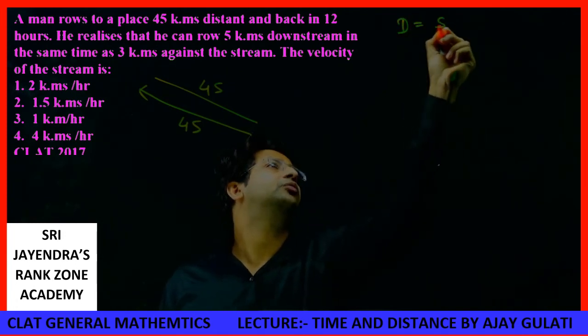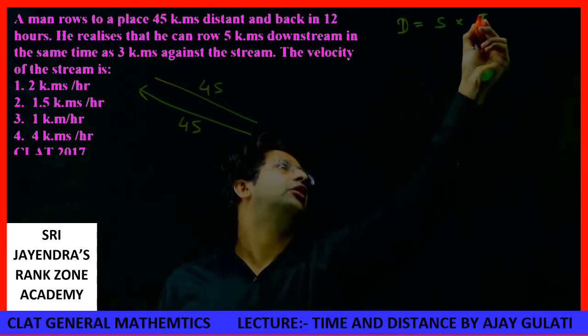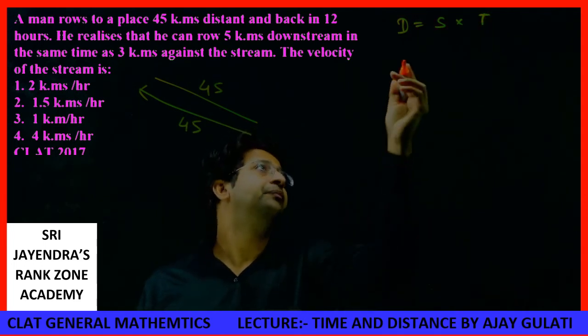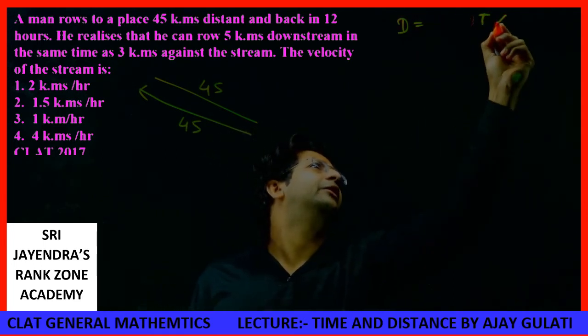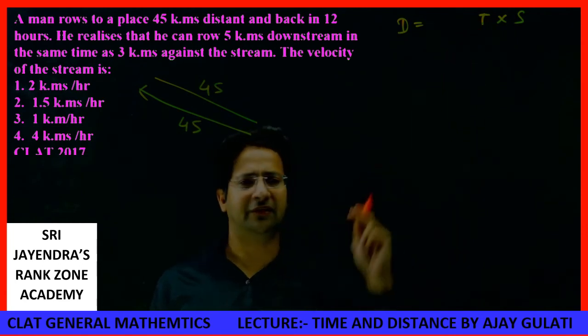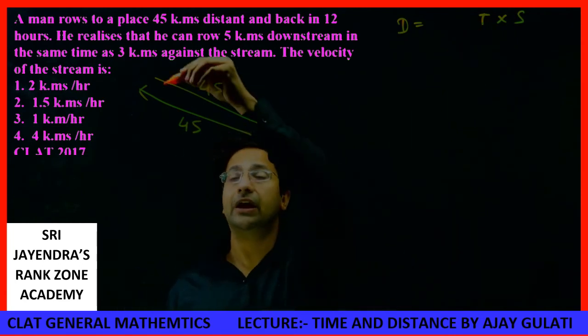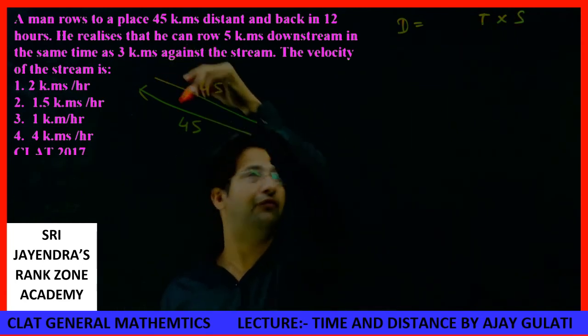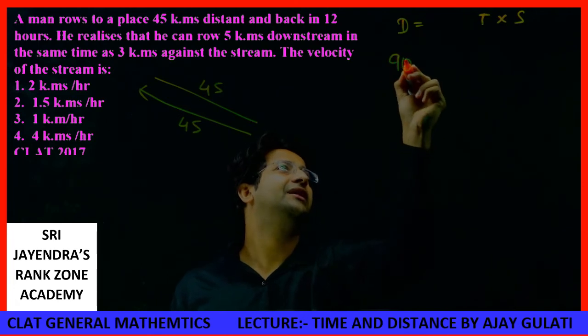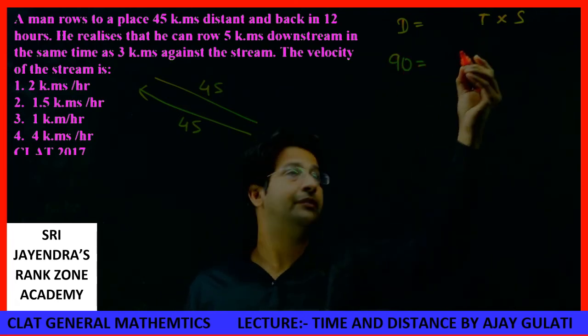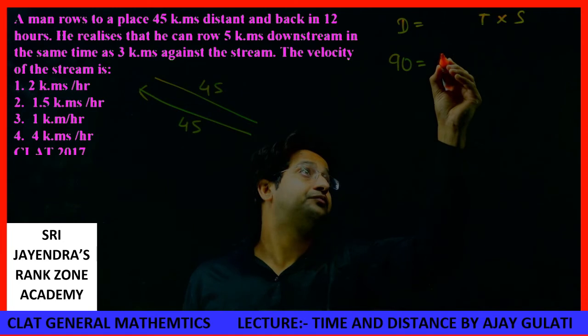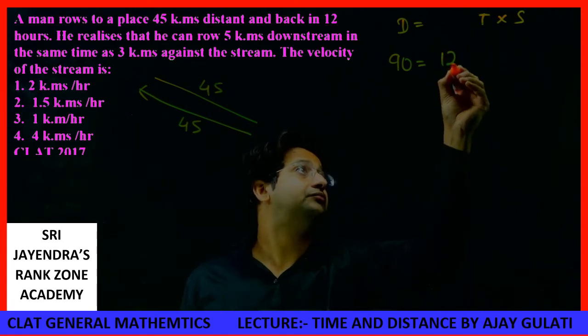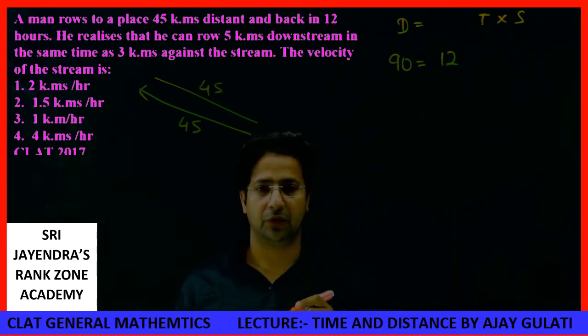I'm writing it time into speed, one and the same thing. What is the distance? I go 45 kilometer and then I come back 45 kilometer. The distance is 90, is equal to, what is the time? The time is 12 hours.